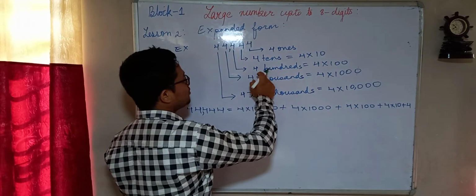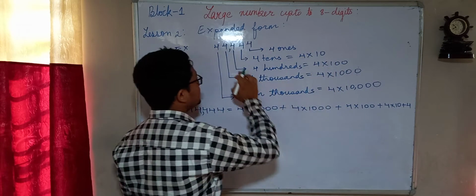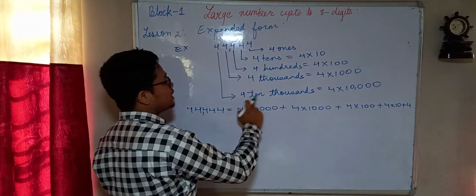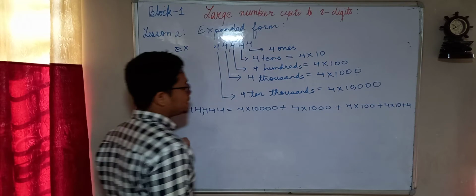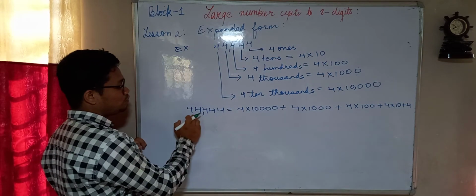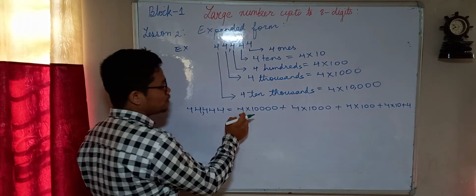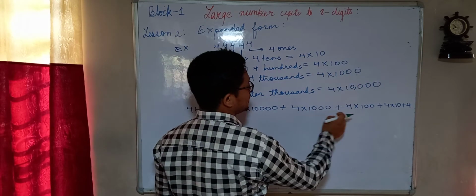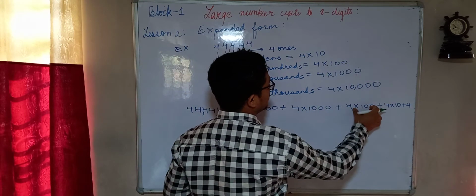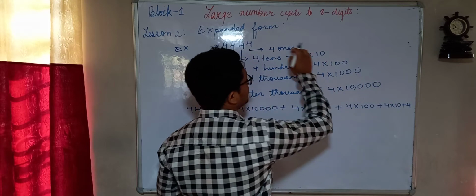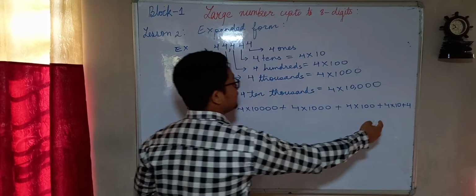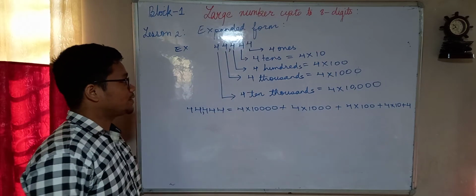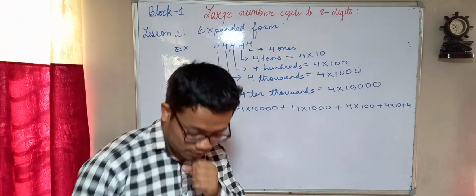The third digit will be 4 hundreds, means 4 into 100, then 4 thousands, 4 into 1000, and 4 ten thousands, 4 into 10,000. So 44444 is actually 4 into 10,000 plus 4 into 1000 plus 4 into 100 plus 4 into 10 plus 4. When you add all this, it will be equal to the number over here.